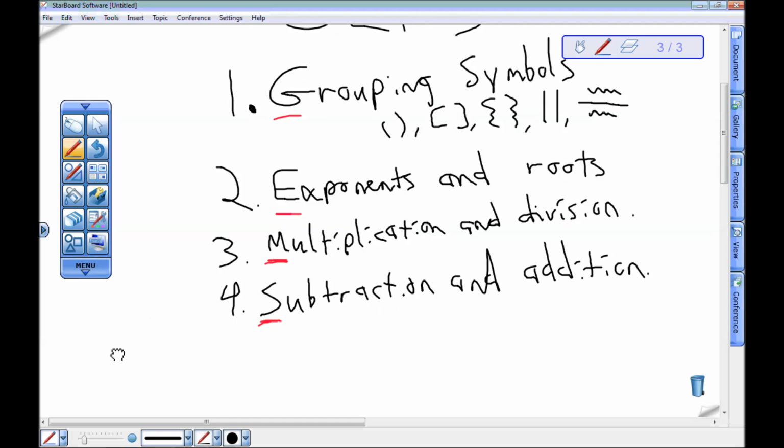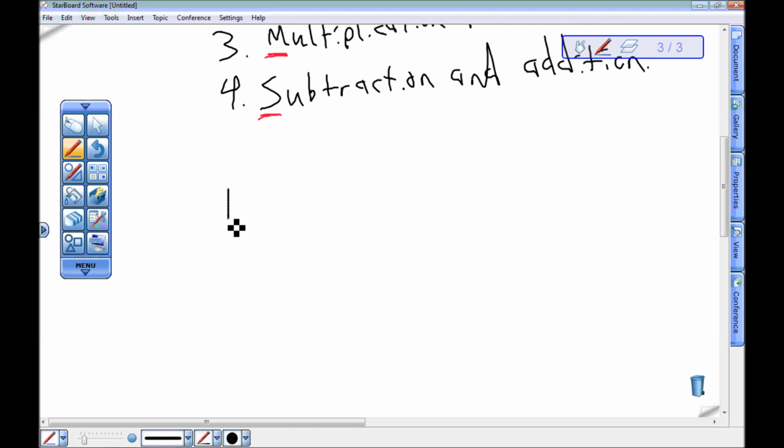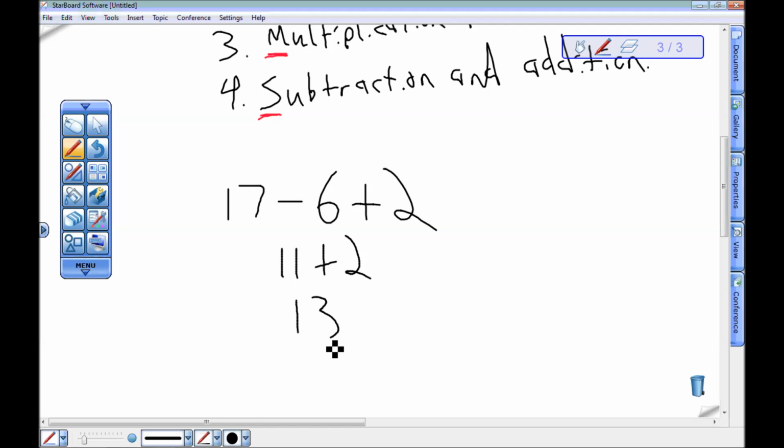If I have 17 minus 6 plus 2, if I'm using GEMS, I'm like, subtraction and addition. Those guys are the same power, so I'll do that from left to right. 17 minus 6 is 11. 11 plus 2 is 13. That is what we mean when we write this thing down.